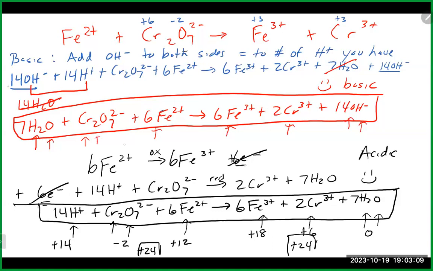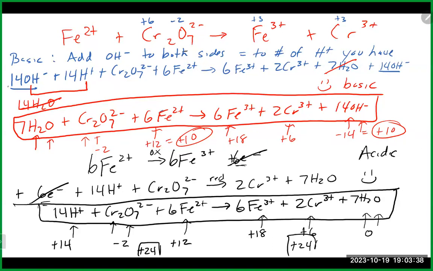Overall charge on the left is -2 and +12, which gives us a +10, I think, if I got that right. Overall here is a +18, a +6, which is a +24, and a -14. That is a +10. It is still balanced in each way. Yeah, so we have the same number of elements, the same charge on each side.